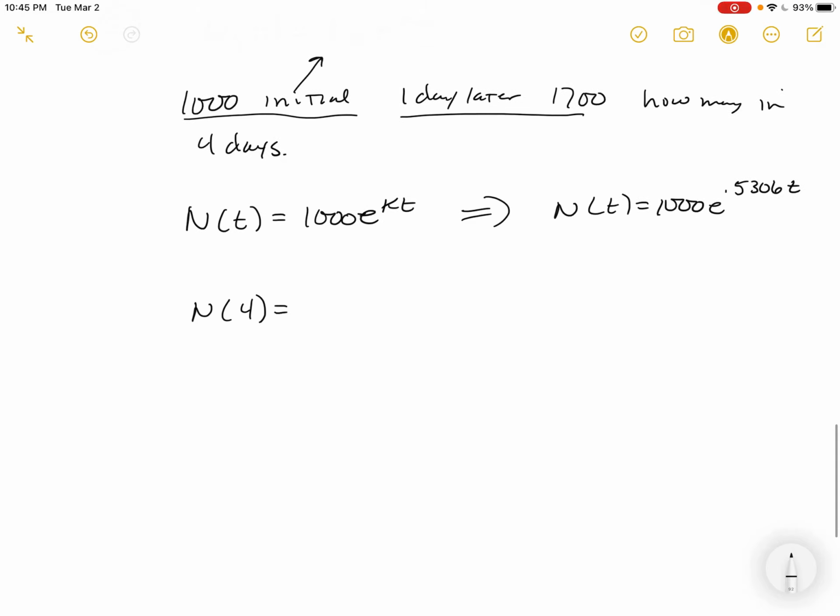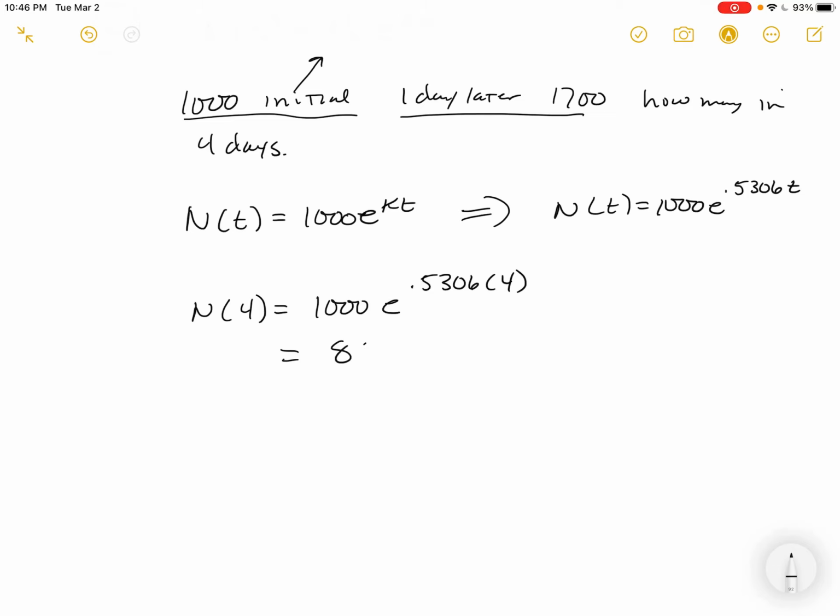Okay, so what are we being asked to do? Find n sub 4. Oh, no problem. That's 1,000 e to the 0.5306. And what is that? Well, our calculator tells us 1,000 times e to the 0.5306 times 4. Close that parentheses.